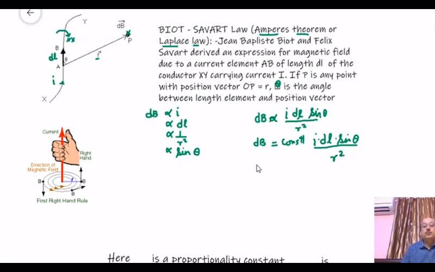Here, the proportionality constant is mu naught upon 4 pi.